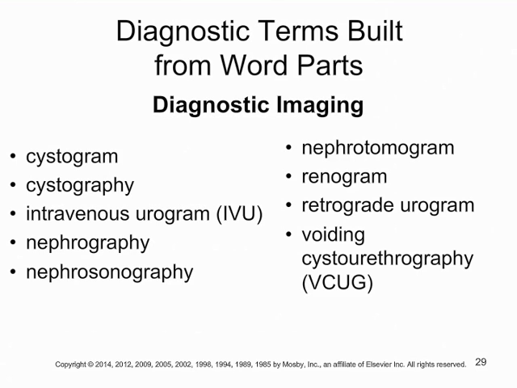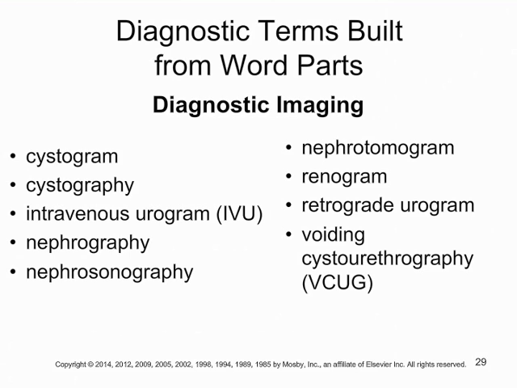So now we're on to the diagnostic terms, and there's 2 sections. There's diagnostic imaging, and then there's also endoscopic procedures, which you'll see in a little bit. But for diagnostic imaging, it's mostly using radiographic images, so using X-ray machines to gather information about the urinary system.